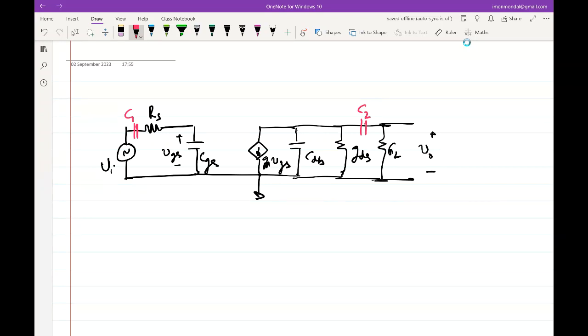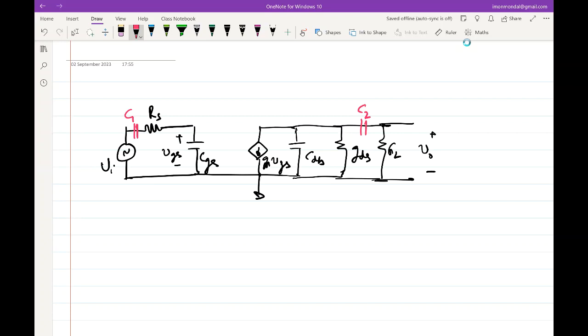It's fair? Why? I couldn't hear you. Right. Okay. So it is expected that we'll choose the values of C1 and C2 such that the signal flows through it. Ideally, they should be infinitely large.